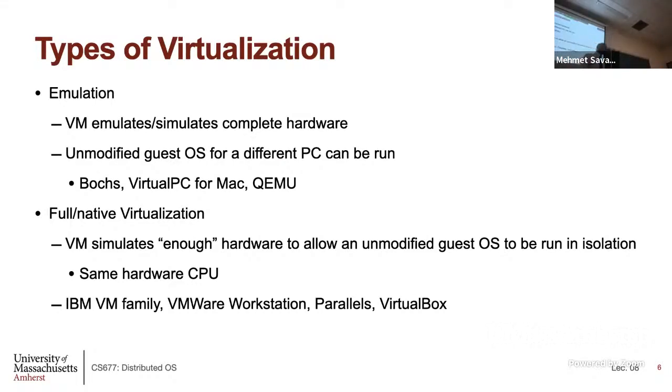This means your emulated PC, whatever you're emulating in software, is x86, and that software is running on a real x86 machine. In emulation, they are different because you can have an x86 Intel machine emulating an ARM PC or something like that. In this case, they are one and the same.